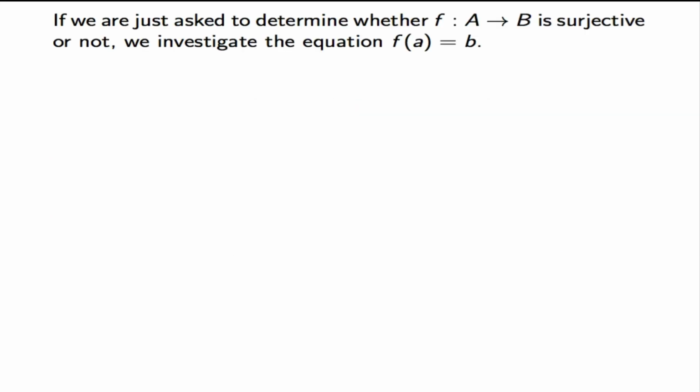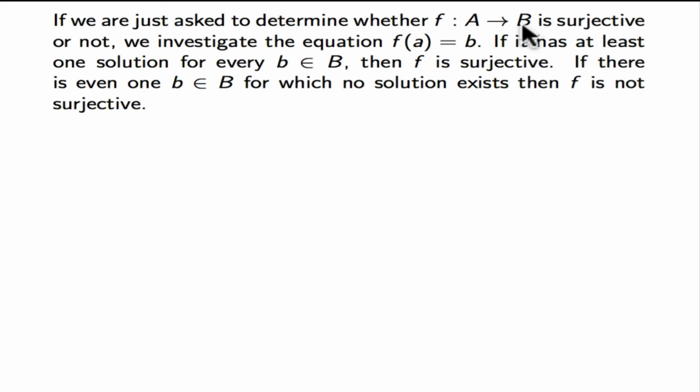And in general, if we are asked to decide whether f is surjective or not, we investigate the equation f of a equals b for every element b of B. If for every b in B we have at least one solution, then f is surjective. If even for one b in B there is no solution, then f is not surjective.